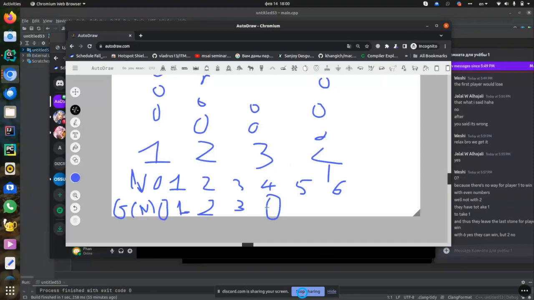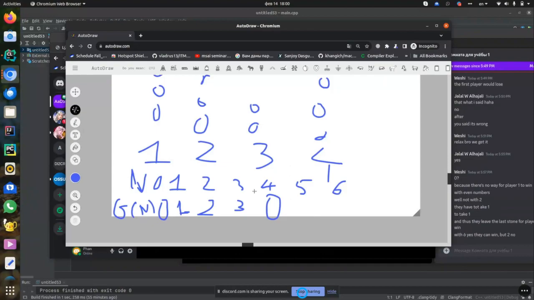The Grundy value is zero because, as Ramazan already told you, we need to calculate all the possible next positions. If a player has four stones, he can take one or two or three, but he cannot take four stones.